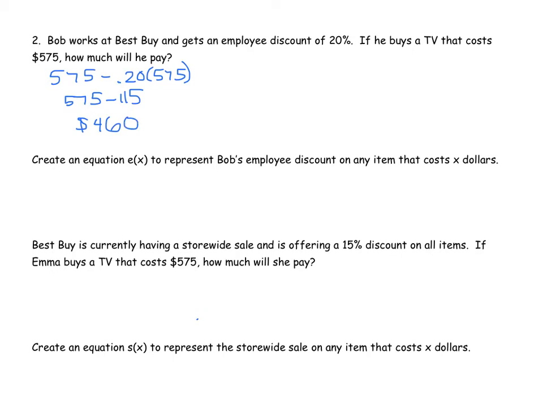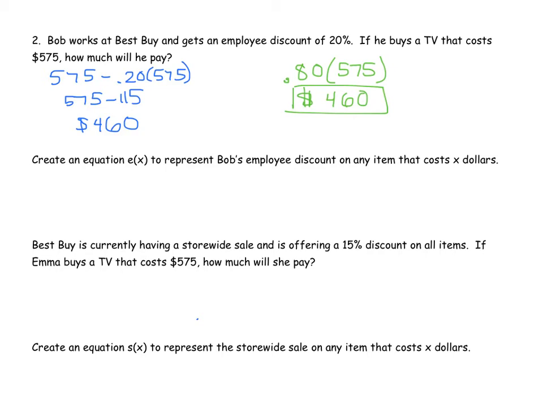But what I'm asking you to think about is not just that he's getting 20% off, but that means he's going to pay 80% of the original price. So 80% of 575, then you can get the answer a little bit quicker. It is $460. So instead of thinking about it as a 20% discount, try to think of it as he's going to pay for 80%.